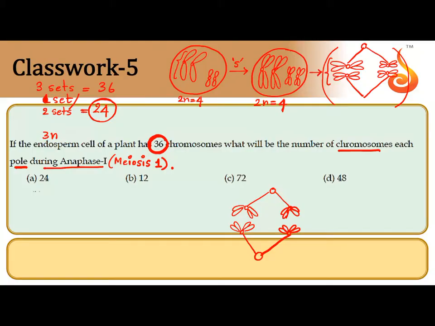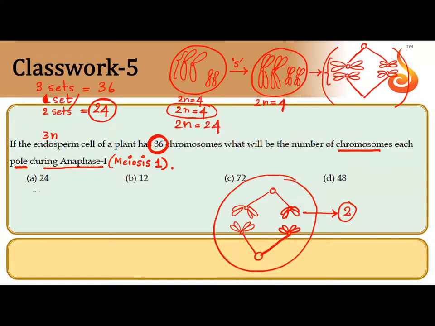Now let us count how many chromosomes are there in each pole during anaphase. We started with a 2n is equal to 4 diploid cell, and we have 2 chromosomes, half of 4. So if you start with 2n is equal to 24, in anaphase 1 you will have 24 divided by 2, 12 in the upper pole and 12 in the lower pole. That's why the correct answer is 12.